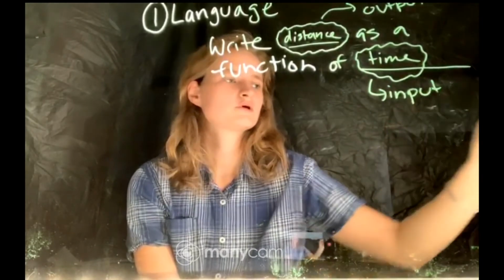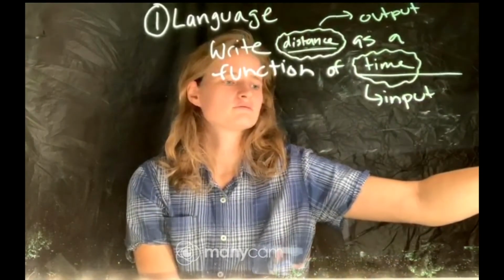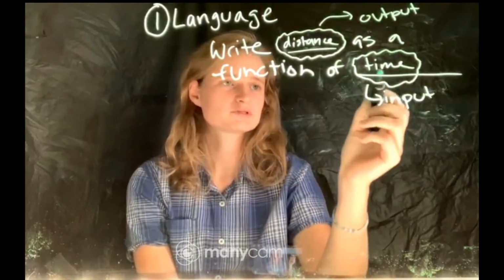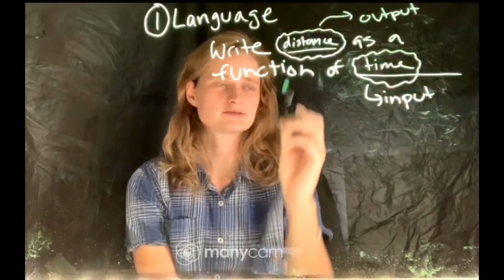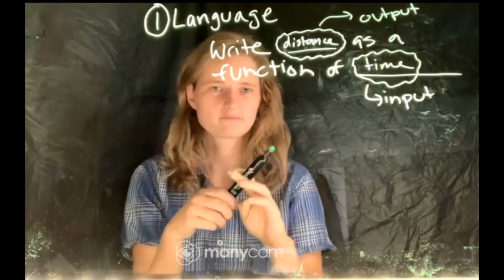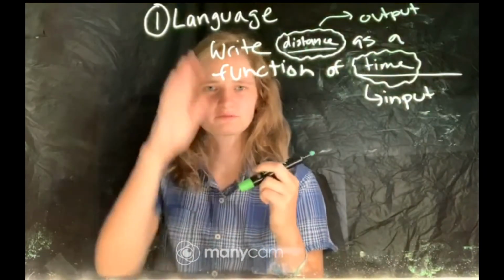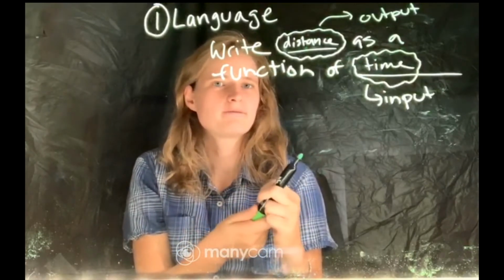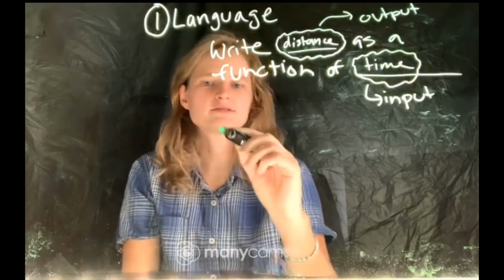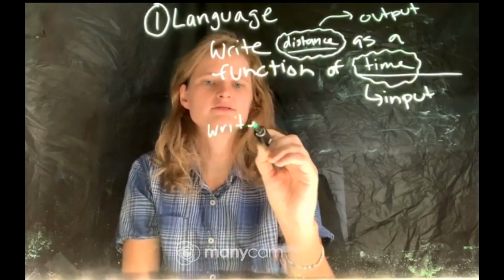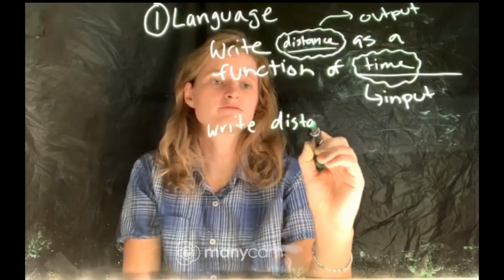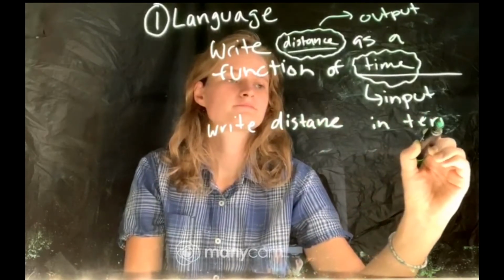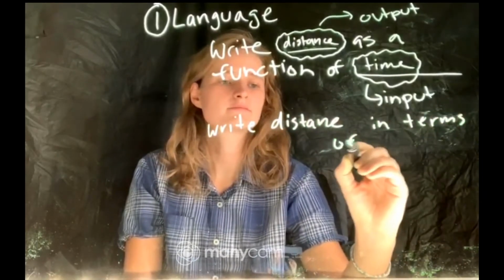So the variable that we've been working with in terms of x variables or the inputs, that's time in our case, and distance would be more like the y variable, or the one that goes on the y-axis, and that's the output. You also might see this as write distance in terms of time. It means the same thing.